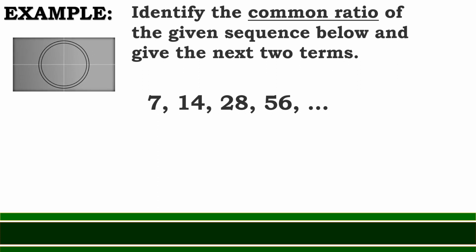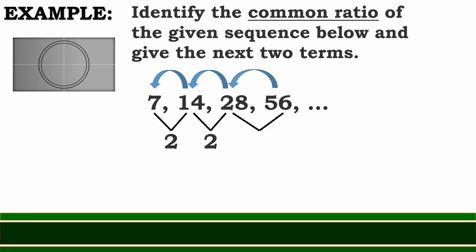Okay, so unahin natin muna yung paghahanap ng ating common ratio. 14 divide 7 will give you 2. 28 divide 14 will give you also 2. 56 divide 28 is also 2.